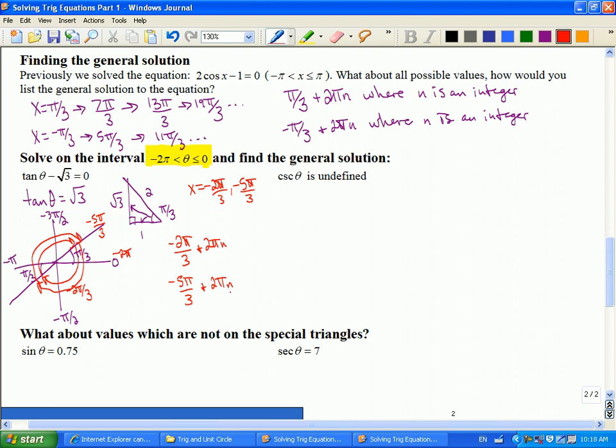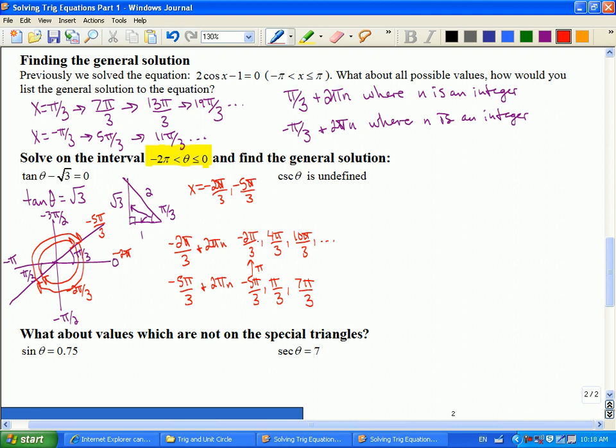So if I was to show you what these values look like, that's going to be negative 2 pi over 3. Then the next one's going to be 4 pi over 3. Then 10 pi over 3. And keep going. Whereas this one's going to be like this. So if I follow this along, it's going to be add pi to get there.